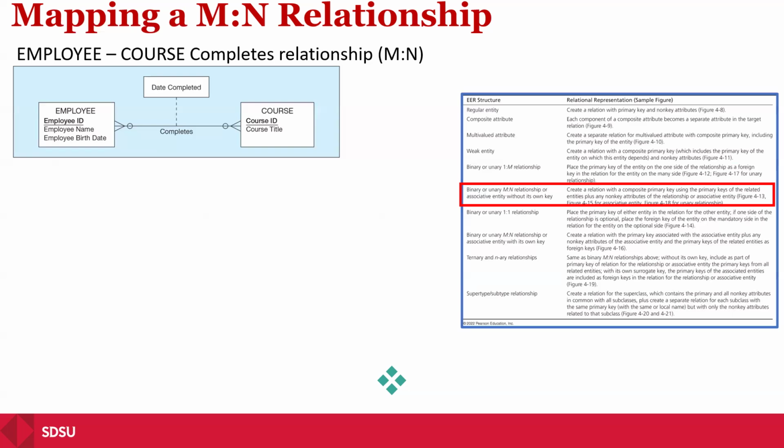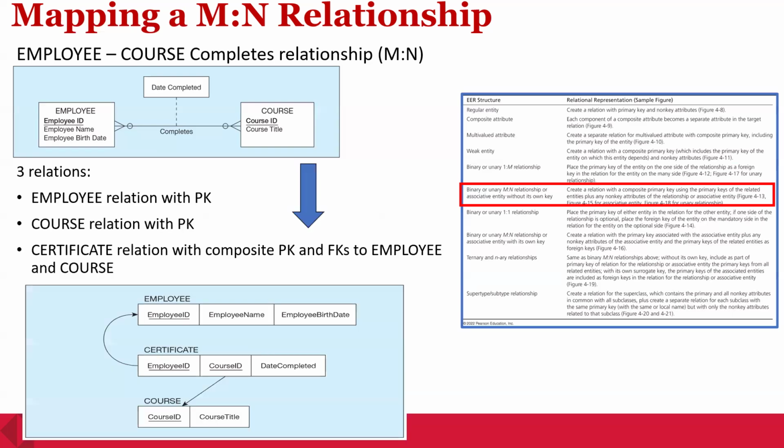many-to-many relationships in ERD. So in this case, we are going to have a separate relation for employee. We are going to have a separate relation for course. And since it's a many-to-many relationship, we are going to create a relation in the middle. In this case, we call it certificate, but it doesn't really matter how you call it as long as the name makes sense.